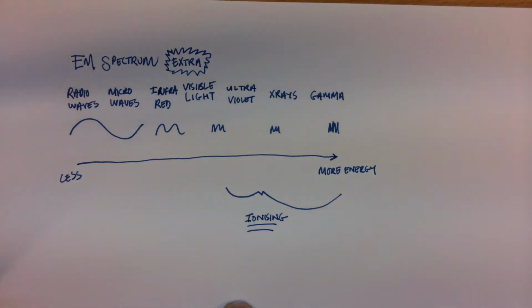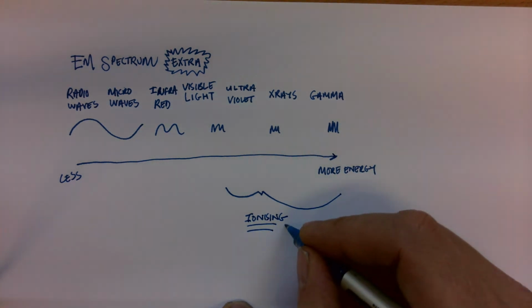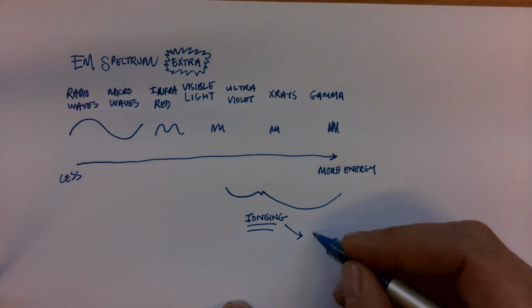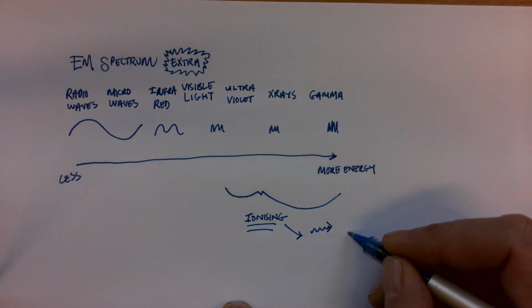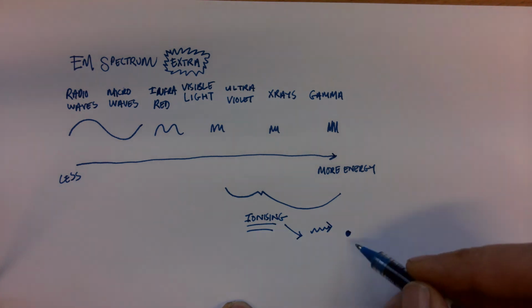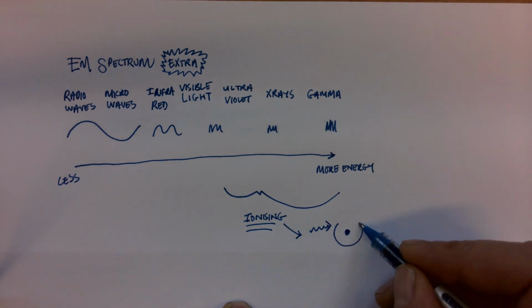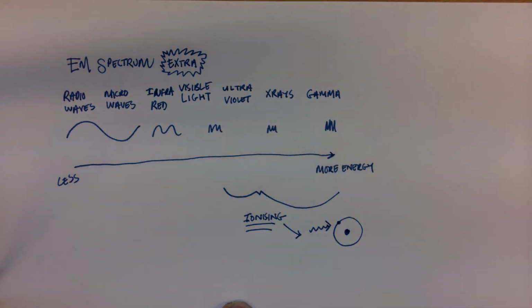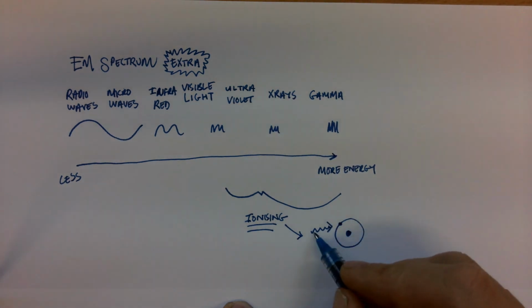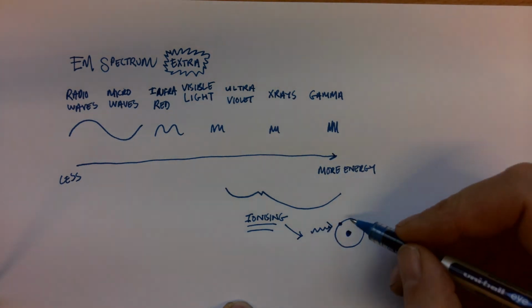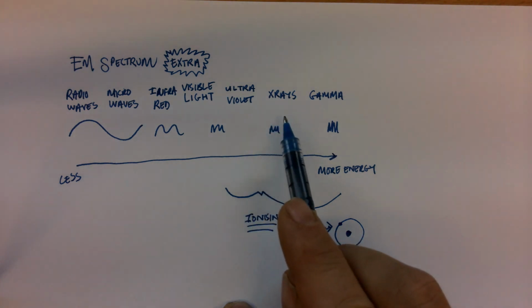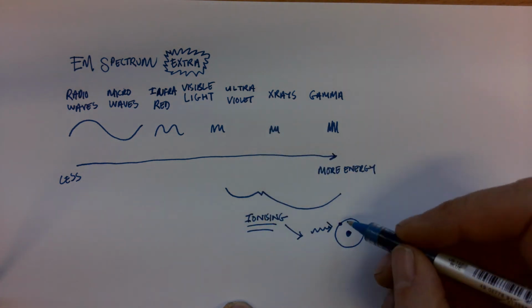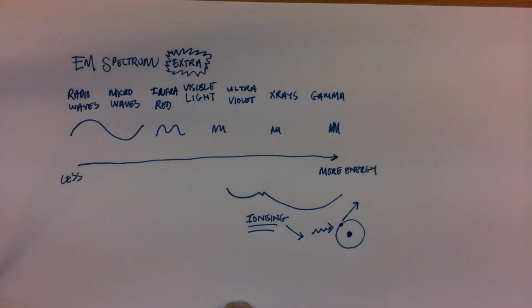And that's really important. Ionizing, if you remember, simply means that the wave can come along, and if you've got an atom, I've drawn, there you go, a nucleus, and there's a little electron going around the outside. When the wave hits it, if it's got enough energy, and ultraviolet, X-rays and gamma have enough energy, it's able to knock the electron off of the atom.